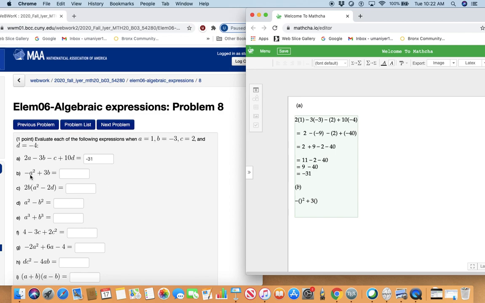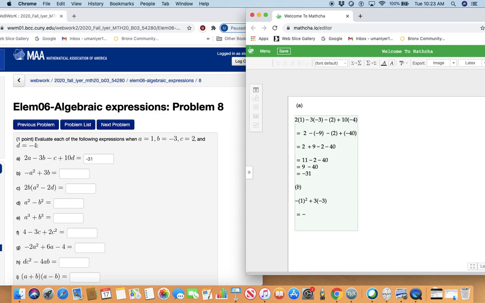A is 1, so there's a 1 inside that parenthesis. B is -3, so there is a -3 inside the parenthesis. Exponent takes precedence. Notice the power 2 applies to the parenthesis.